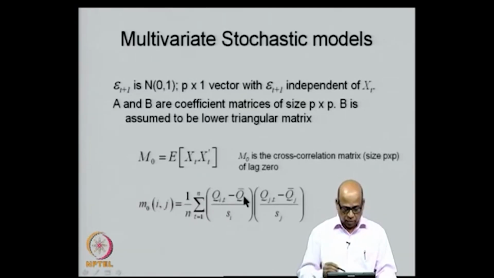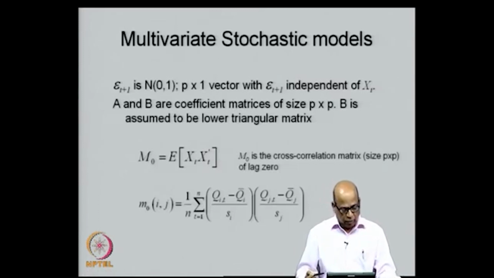S i is the standard deviation of the flows at site i, and similarly for site j. So, this is the ijth element of the matrix m naught.